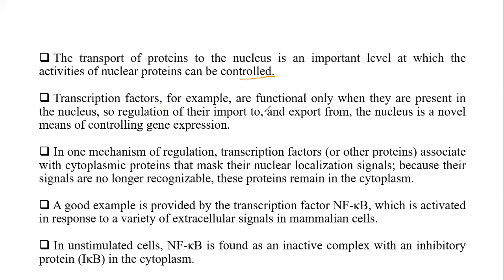One mechanism says that you mask their NLS signal. Once it is not recognizable, these proteins remain in the cytoplasm, as in the case of NF kappa B we have discussed. NF kappa B is found as an inactive complex with the inhibitory protein called I kappa B in the cytoplasm. So already mentioned, right?